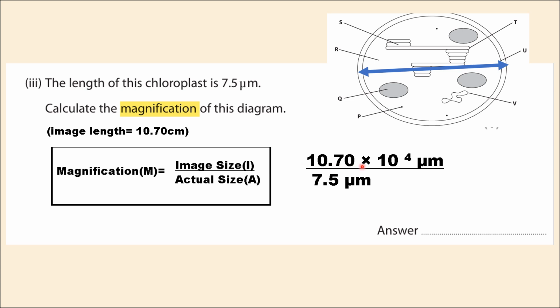Dividing 10.7 × 10^4 micrometers by the actual size of 7.5 micrometers gives a magnification of about 14,267 times.